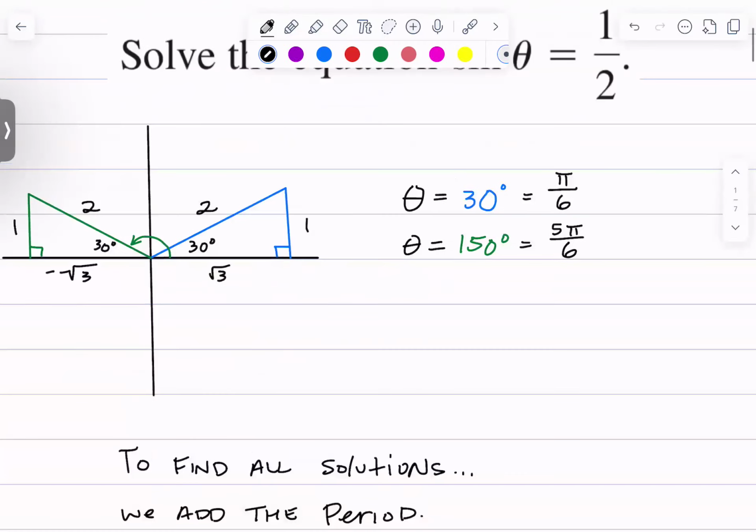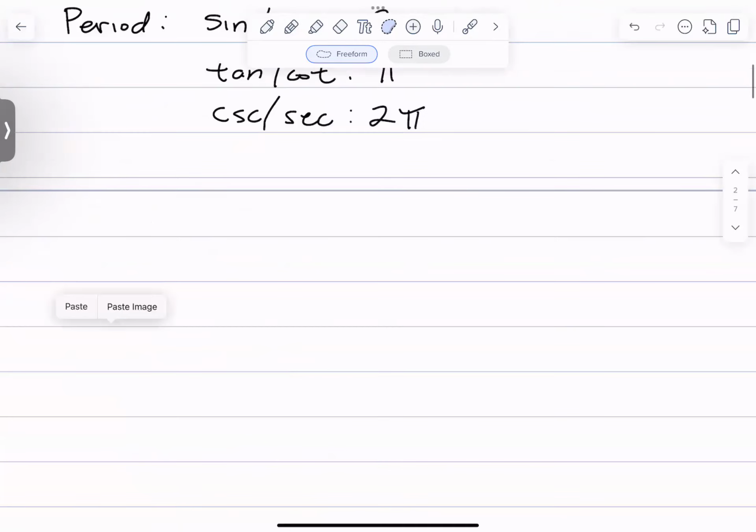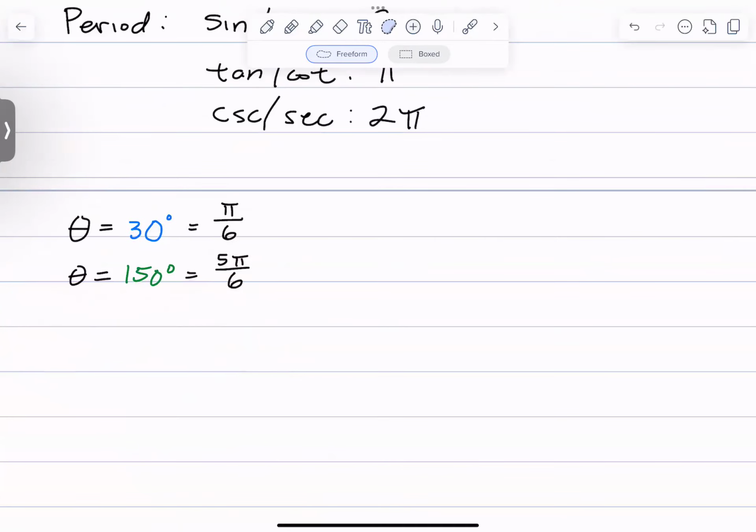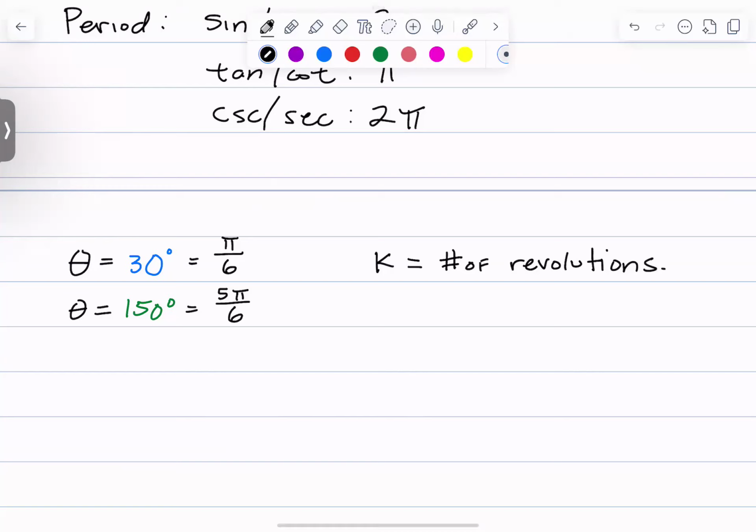Okay. So going back to this one, if this is your answer and everybody understands why this is your answer in one revolution, right? I'm going to label k as the number of revolutions. Okay. Meaning the number of times it goes around the circle.